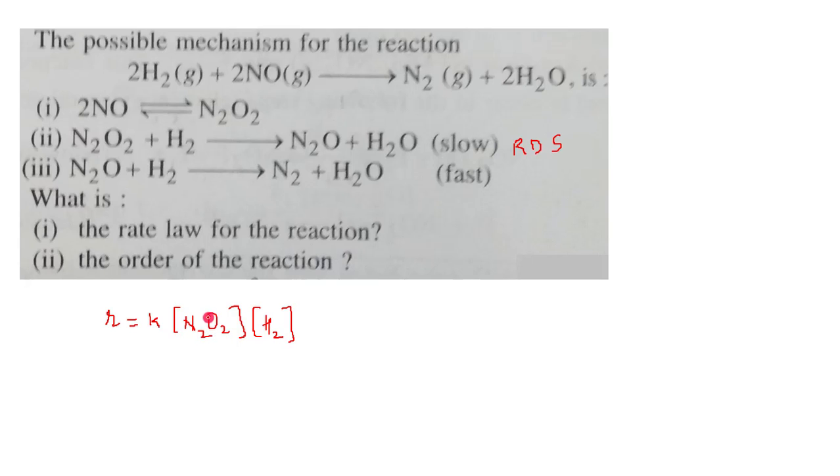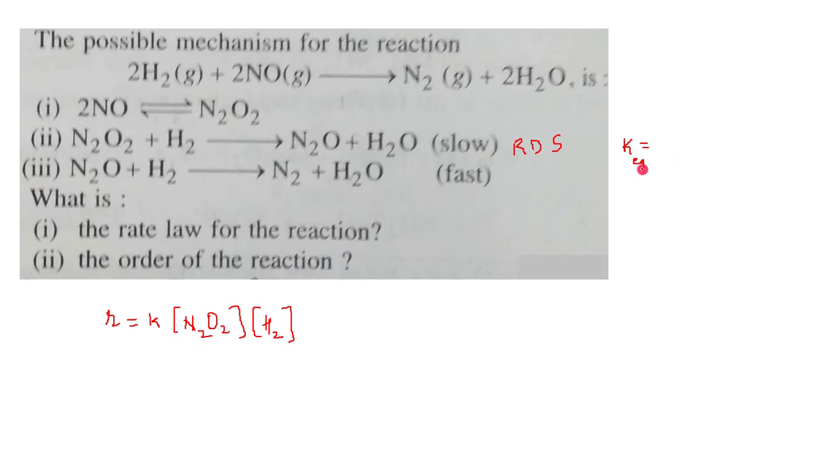So you need to find out how this N2O2 is related to the reactants. For that, you have to consider the equilibrium expression. Using this reaction, you can find out how N2O2 is related to NO. As it is under equilibrium, we can write its equilibrium constant. The equilibrium constant is the ratio of the molar concentration of product to the molar concentration of reactant.